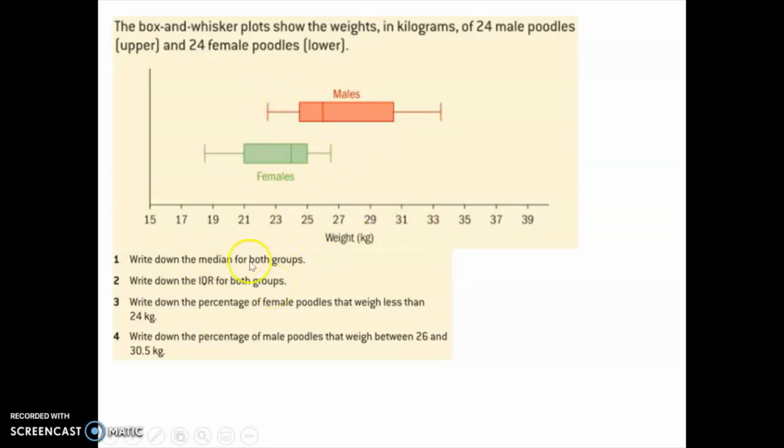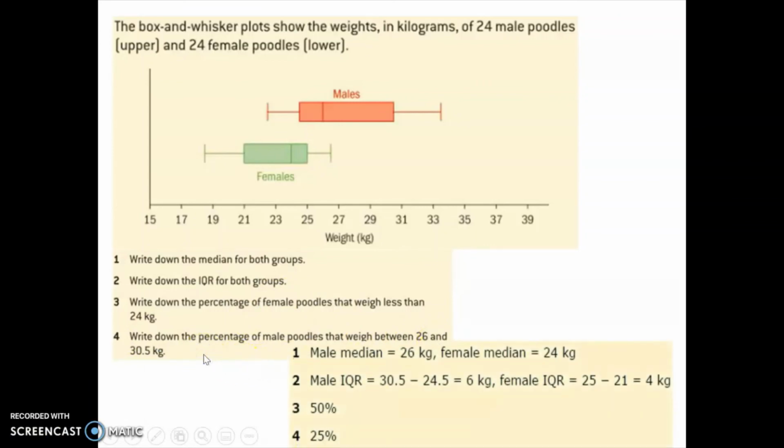Write down the median for both groups. Now write down the IQR for both groups. Number 3, write down the percentage of female poodles that weigh less than 24 kilograms. And last question, write down the percentage of male poodles that weigh between 26 and 30.5 kilograms.